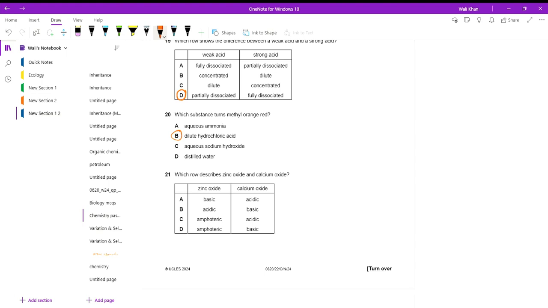If you remember titration, the end point is red color. Which row describes zinc oxide and calcium oxide? Zinc oxide is amphoteric and calcium oxide is basic.